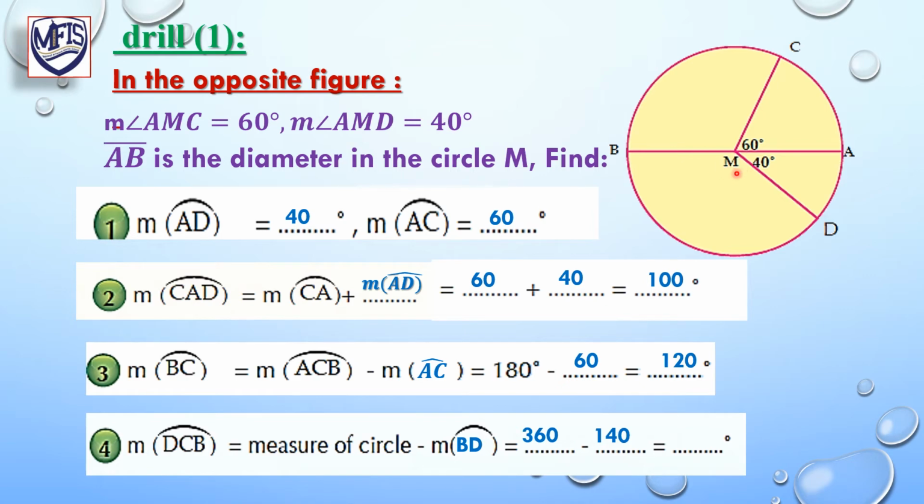Therefore, the central angle BMD equals 140. So the measure of arc DCB equals 360 minus 140. The answer will be 220 degrees.